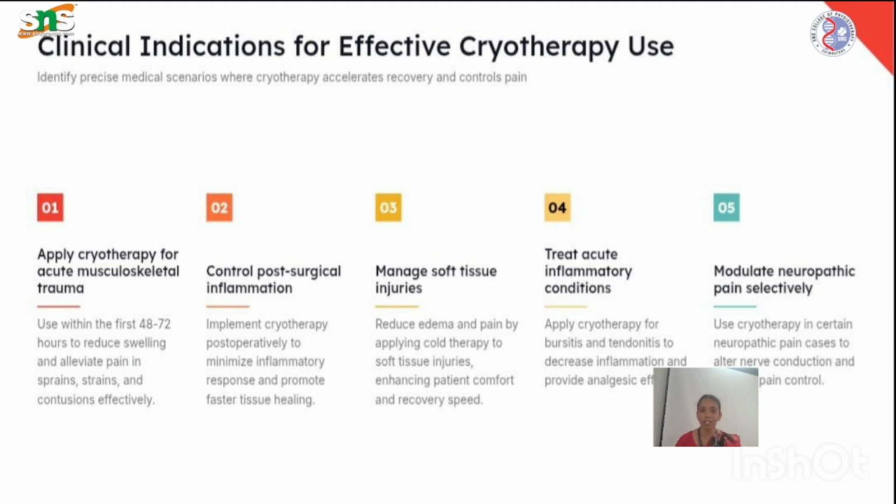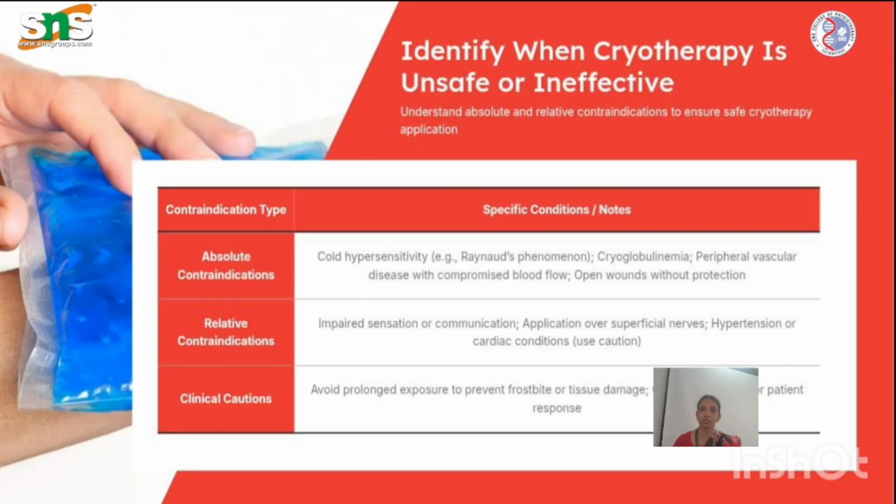In post-surgical inflammation, it minimizes the inflammatory response post-operatively and promotes faster tissue healing. For soft tissue injuries, it enhances patient comfort and speeds recovery. For acute inflammatory conditions like bursitis and tendinitis, it decreases inflammation and provides analgesic effects. To modulate neuropathic pain selectively, cryotherapy is used in certain neuropathic pain cases to alter nerve conduction and improve pain control. These are the effective clinical indications for cryotherapy.